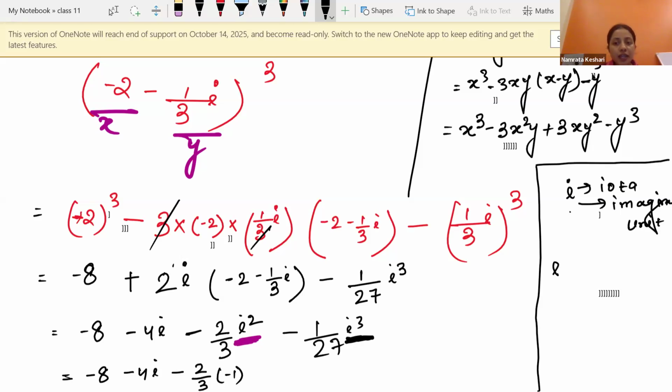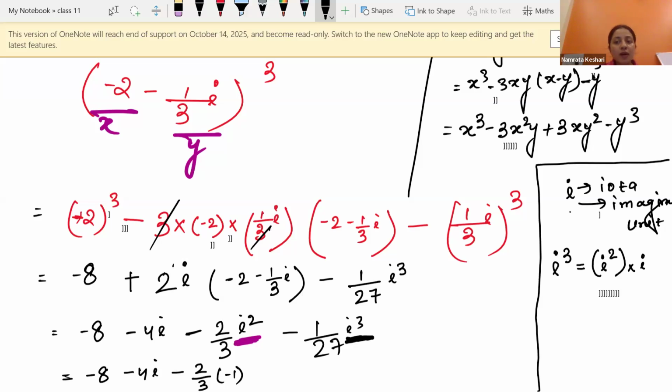If you have i cube, you will always start with i square. Start with i square, and try adjusting the power as much as possible. If you take i square, then you have to take one extra i. See, I am using the law of exponent. i cube can be written as i square into i.